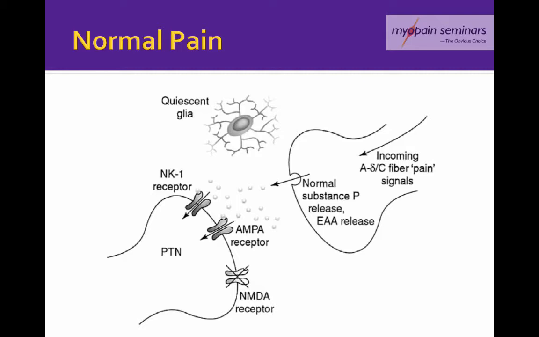Activation of the NK1 receptors by substance P and activation of the AMPA receptors by these excitatory amino acids causes the transient depolarization of the pain transmission neurons. They generate action potentials that are related to the higher pain signals. We've already discussed that. The NMDA receptor under normal circumstances does not play a role in minor pain signals because it's plugged by magnesium, as we already saw earlier.